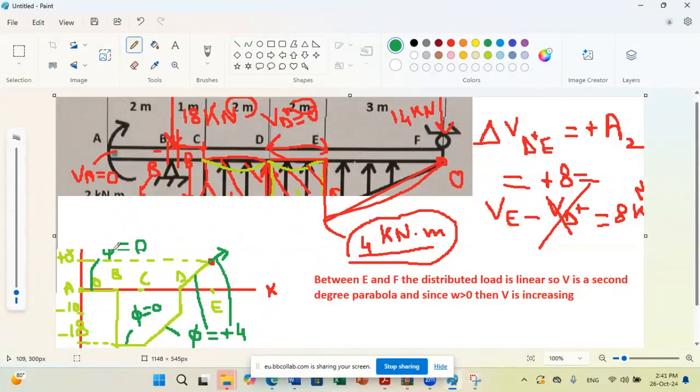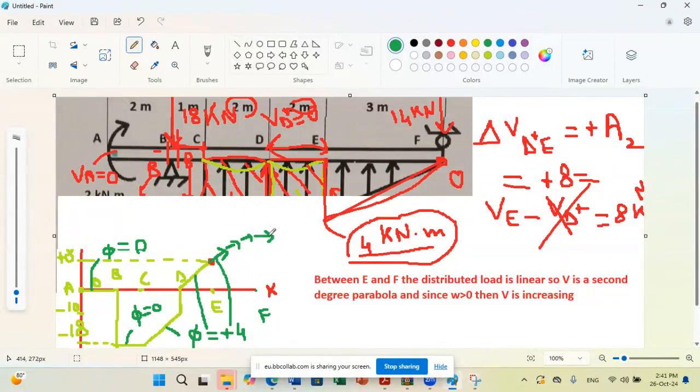The slope will decrease until reaching at F. When we reach point F, the slope will become equal to 0. So I will have a reduction in slope, decreasing slowly until reaching at F a slope of 0.